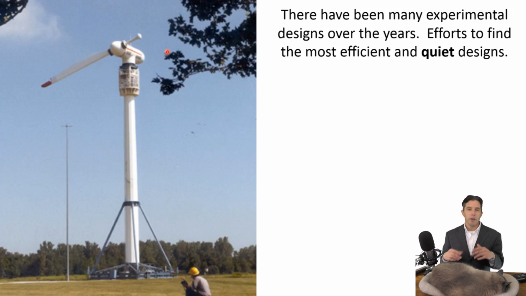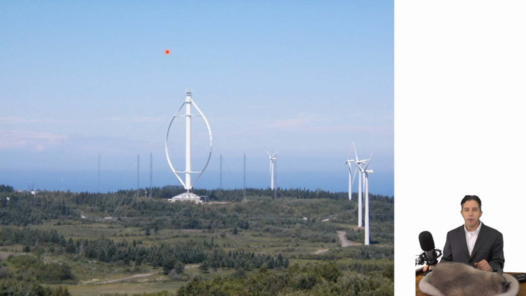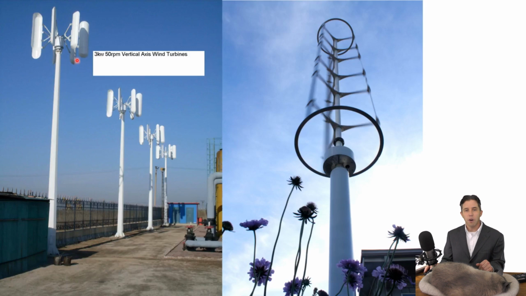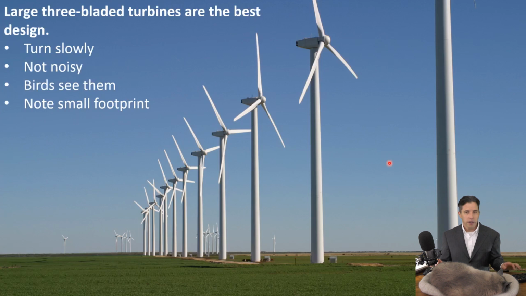Remember, they were experimenting, trying to make the quietest windmill that they could. Here's what we call the egg beater design. It spins vertically around an axis this way. Here's a smaller version of these vertical axis wind turbines. Through trial and error, eventually they settled on a design of 3 blades.